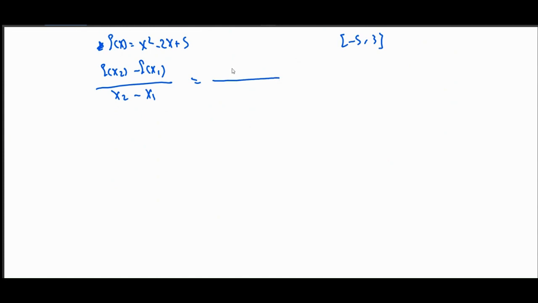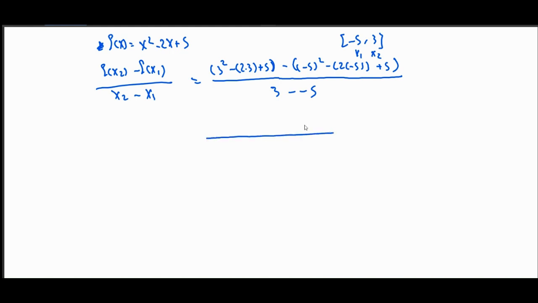Substitute f of x2, this is x1 and this is x2. So you have 3 to the power of 2 minus 2 times 3 plus 5, minus negative 5 squared minus 2 times negative 5 plus 5, all over 3 minus negative 5.